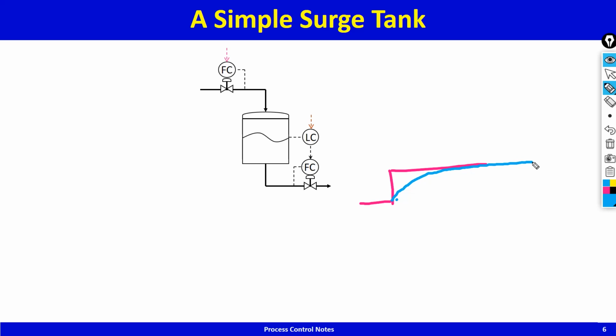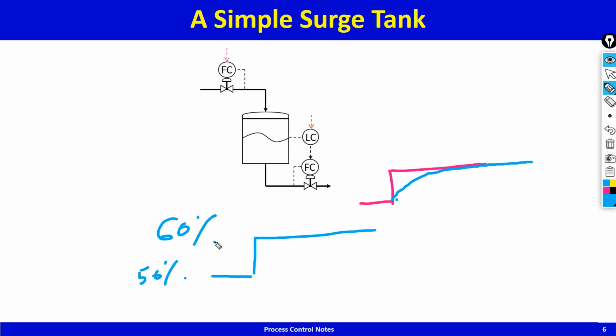Now let us consider a change in the level controller set point. So let's say my level controller set point goes from where it is, 50% level, maybe the set point goes to 60% level, and let's assume that it's a PI controller.